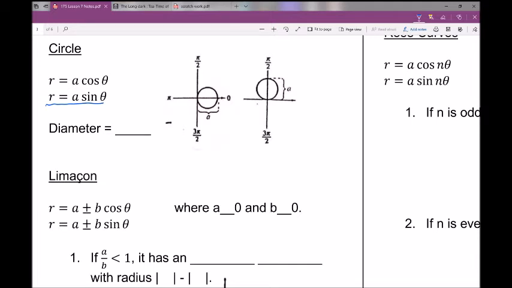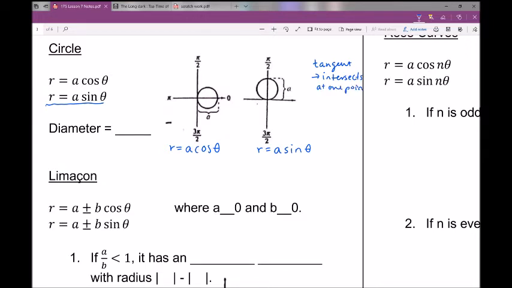So the first one, this is r equals a times the cosine of theta, and this is r equals a times the sine of theta. So if you notice, these circles are either tangent to the x-axis or they're tangent to the y-axis. And all tangent means is that it intersects at one point. So these circles will always do this.